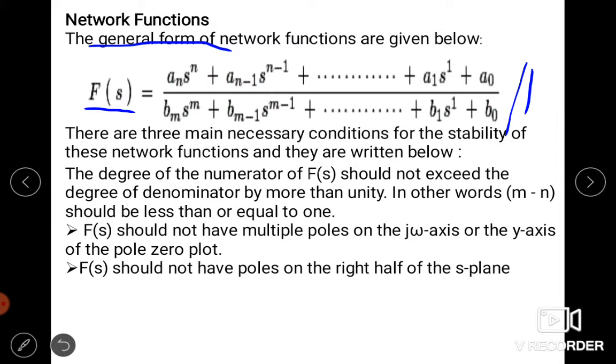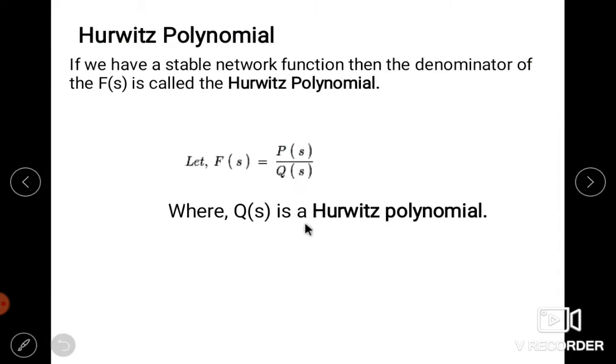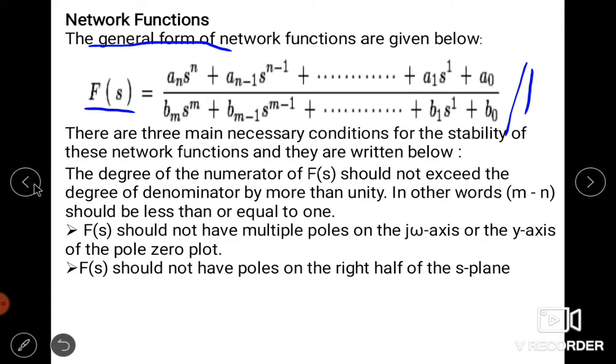For this network function, the degree of the numerator fs should not exceed the degree of the denominator by more than unity. See, what does it mean?